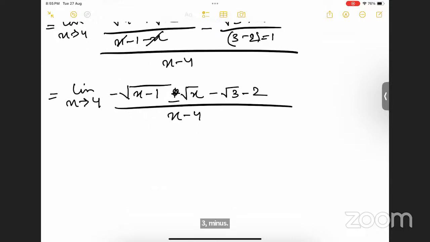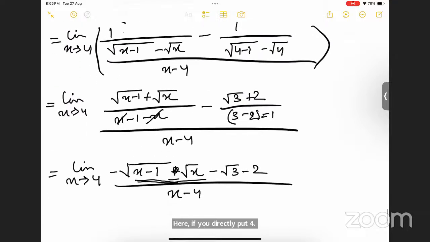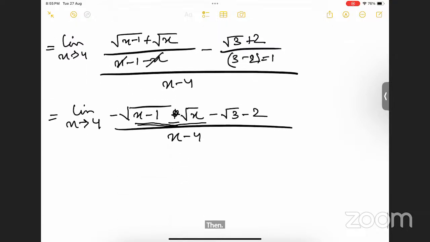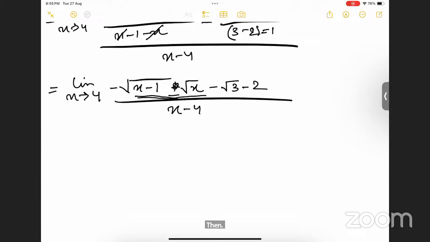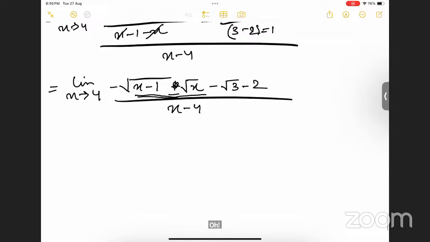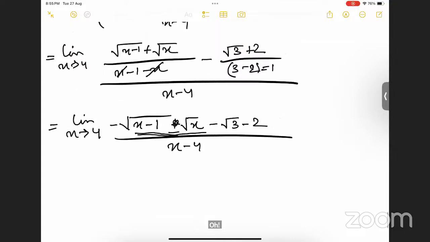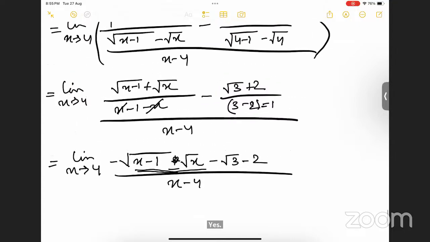Now we can check if we directly put 4 here. 4 minus 1. I guess 0 by 0 will be there. No, not 0 by 0.